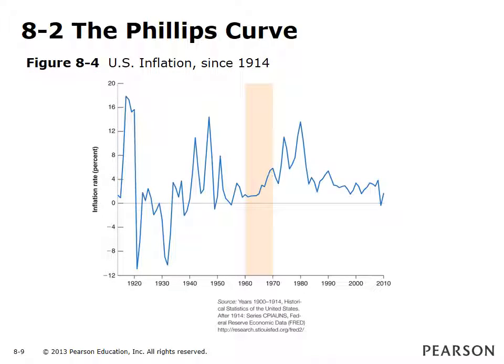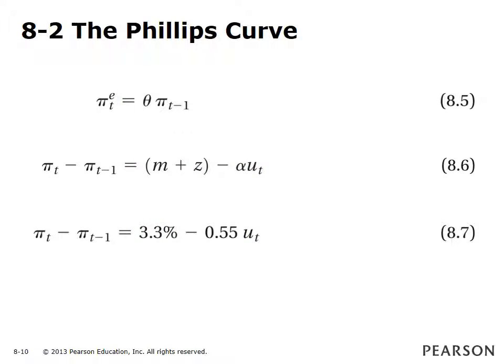Figure 8-4 shows that since the 1960s, the US inflation rate has been consistently positive. Inflation has become more persistent. Equation 8.5 says expected inflation rate in year t depends on the actual inflation rate in the previous year.